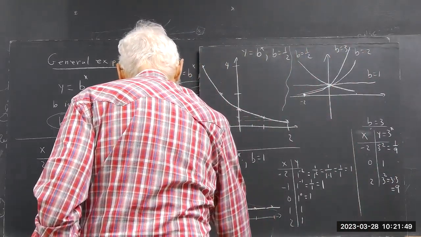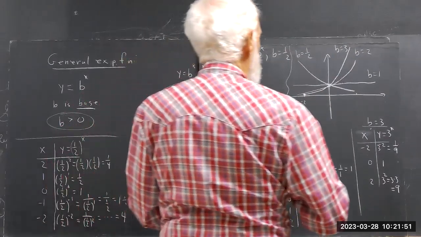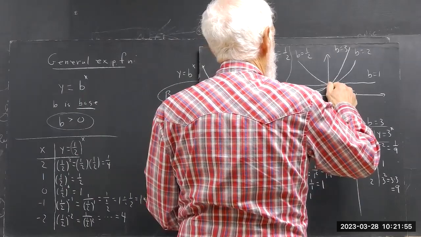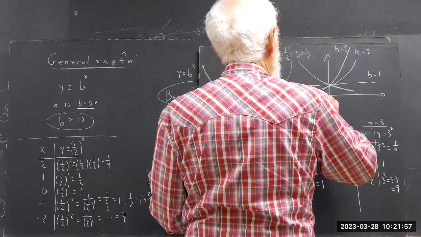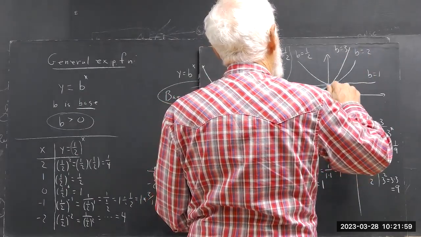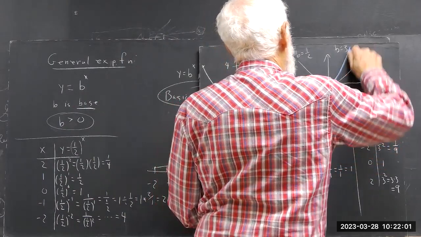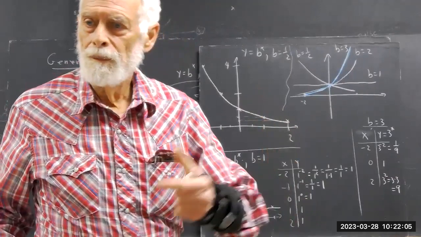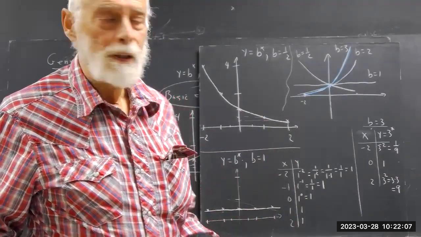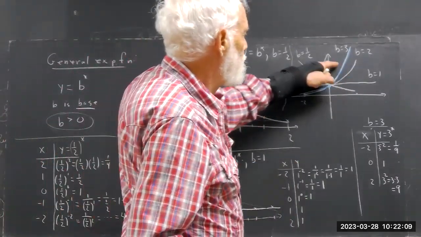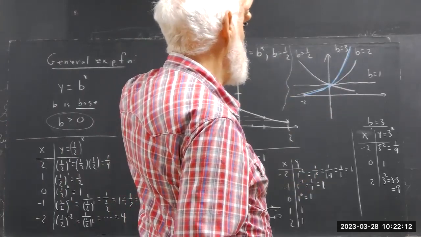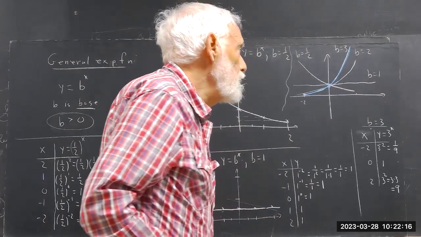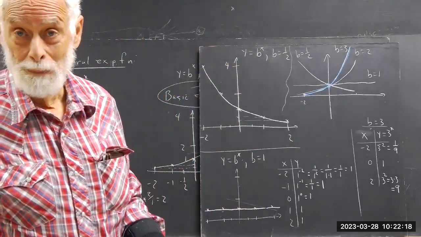Now, if you don't see all that, then you want to make yourself a very accurate graph of this thing. The b equals 2 and b equals 3 graphs are real important because the b equals e graph lies between them.